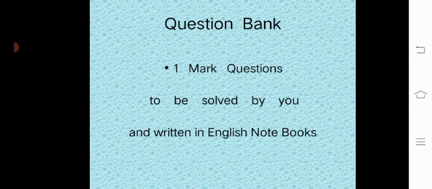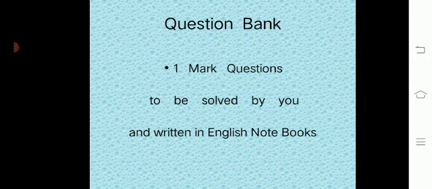Now, coming to answering of 1 mark questions. 1 mark questions are objective type questions. This you already know. Questions carrying 1 mark have to be answered either in one word or in a phrase. What is a phrase? A combination of 2 to 3 words. Let's say, for example, in the evening.